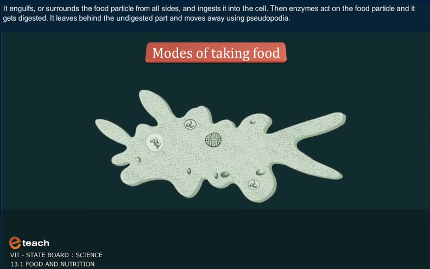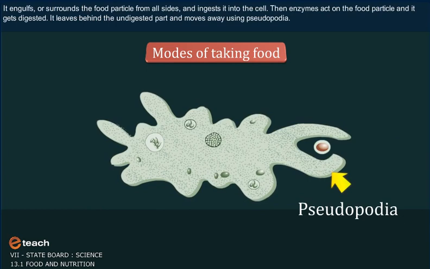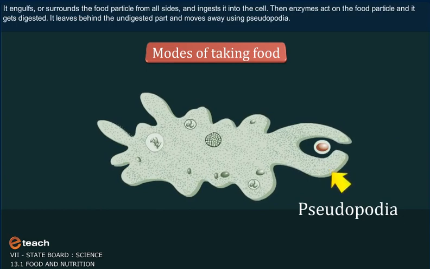It engulfs or surrounds the food particle from all the sides and ingests it into the cell. Then enzymes act on the food particle and it gets digested. It leaves behind the undigested part and moves away using pseudopodia.